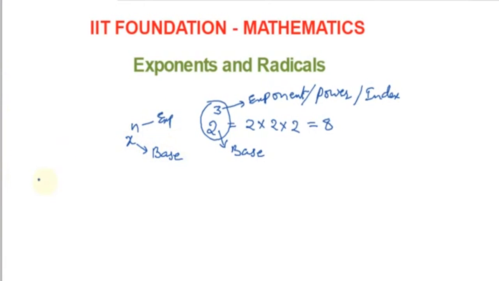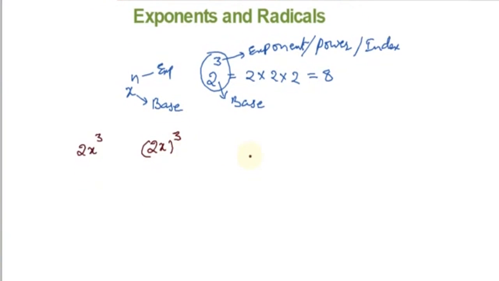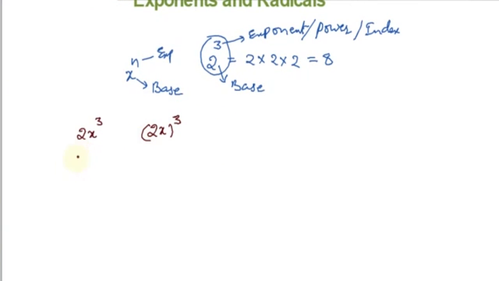For example, 2x cube and 2x whole cube. In both cases 3 is the power. In the first case 3 is the power, and in the second case also 3 is the power.